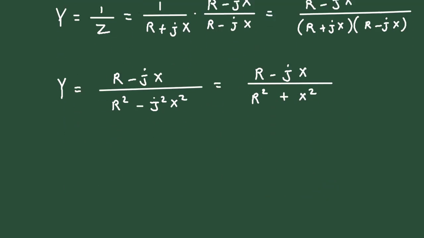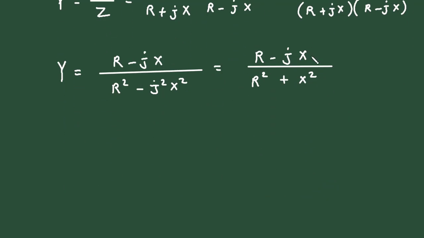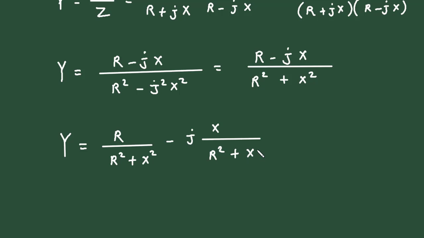Now if we separate the real part and imaginary part, admittance Y is equal to R divided by R square plus X square, minus jX divided by R square plus X square.